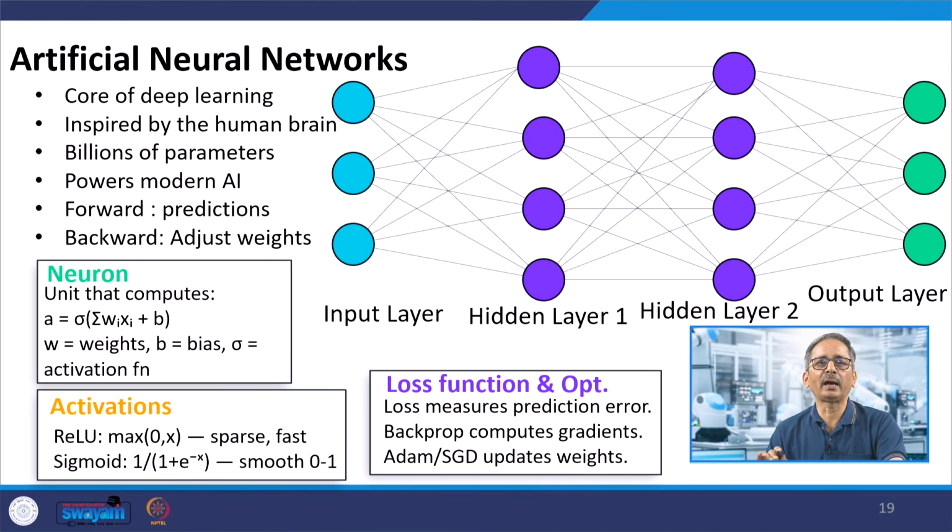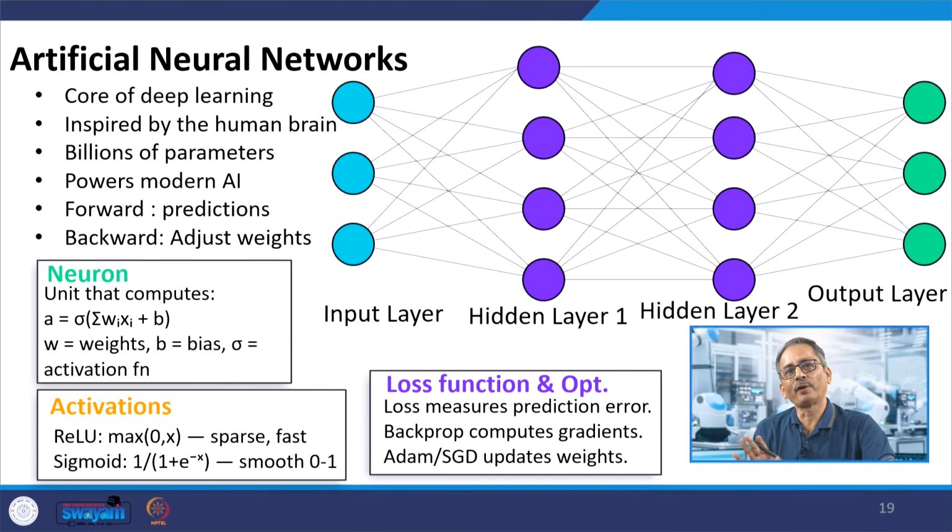Coming to the artificial neural network, it is the core of deep learning, and it is inspired by the human brain. There are billions of parameters depending on how many hidden layers you have, and it powers modern AI. We could have the forward neural network as well as the backward neural network.